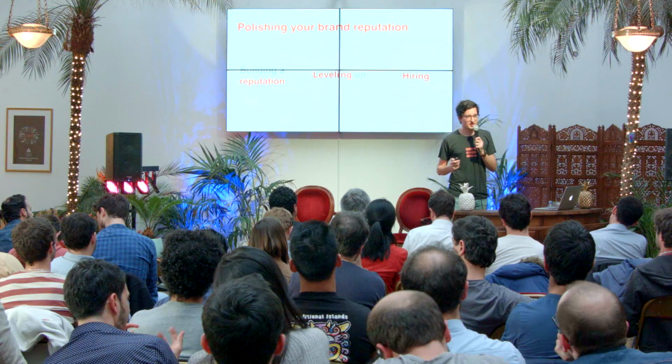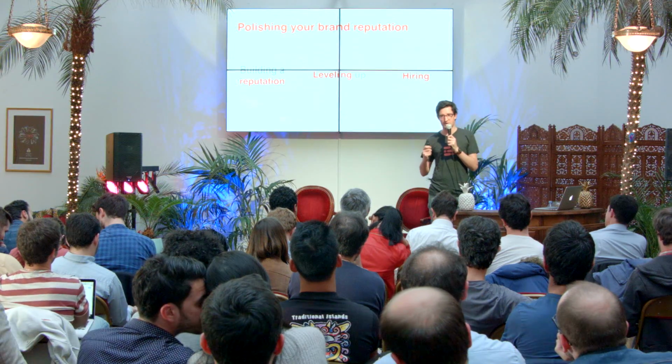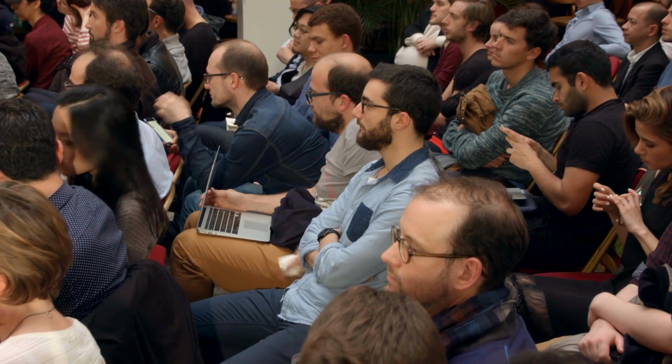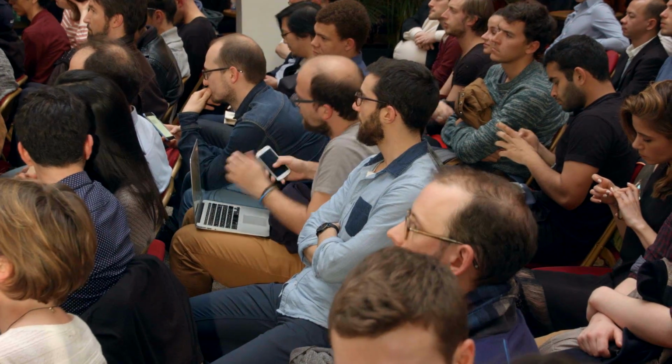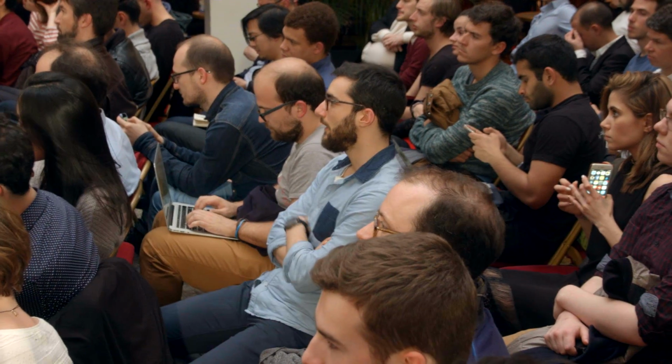And then hiring, because you can show how cool the products and projects you are working on are. For example, MJML was launched two months ago, and we already hired someone because they saw MJML, loved it, and decided to join us.